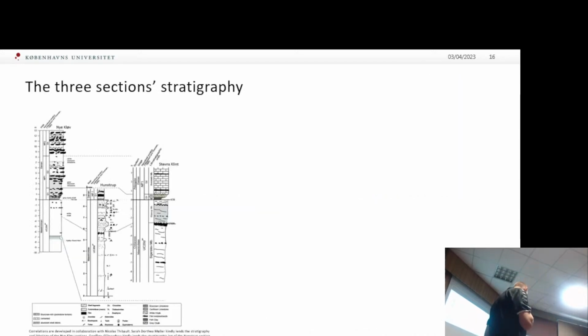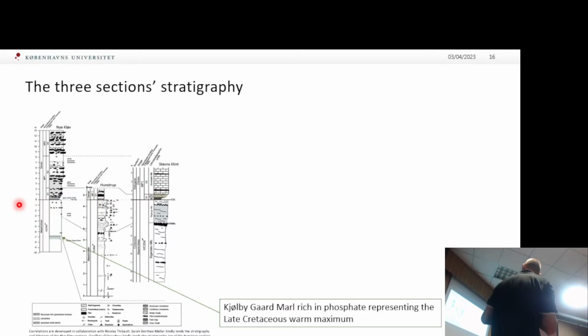So the 3 sections are here, and the Cretaceous Paleogene boundary is this straight line around here. And this I will not say so much about.